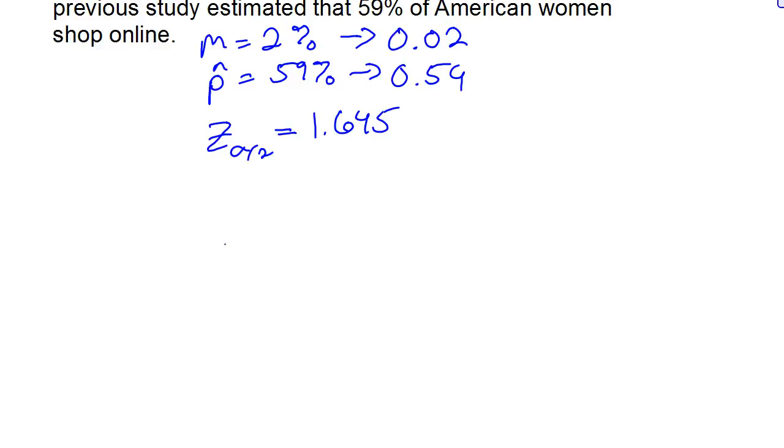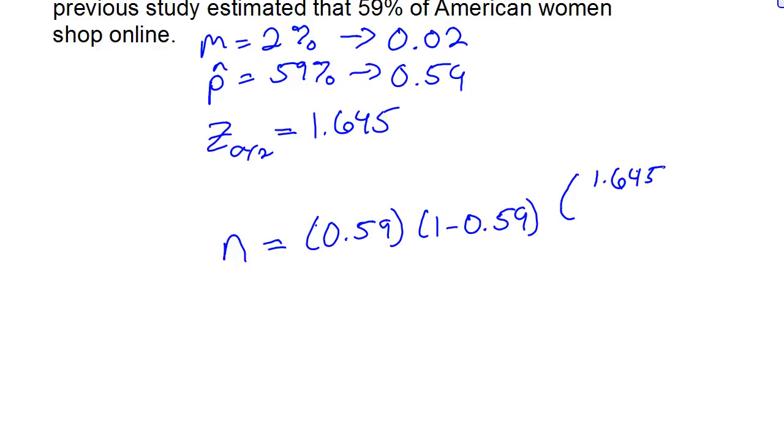So the sample size that I need is going to be 0.59 times 1 minus 0.59 times 1.645 divided by 0.02, that quantity squared. So I'm going to take 1 minus 0.59, which is 0.41, times 0.59.